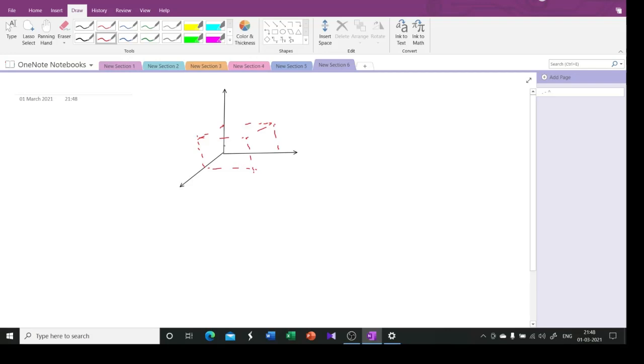Now suppose this is your O and this is your P, which is basically the diagonal of this cuboid. We are trying to represent it in 3 dimensions. Let the coordinates of P be Px, Py, and Pz.